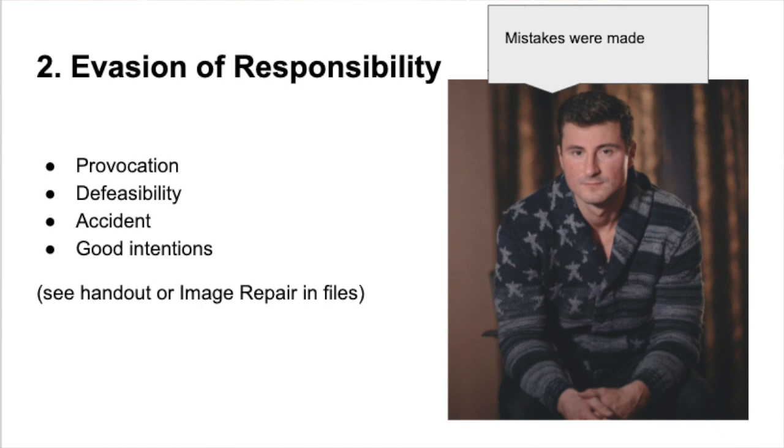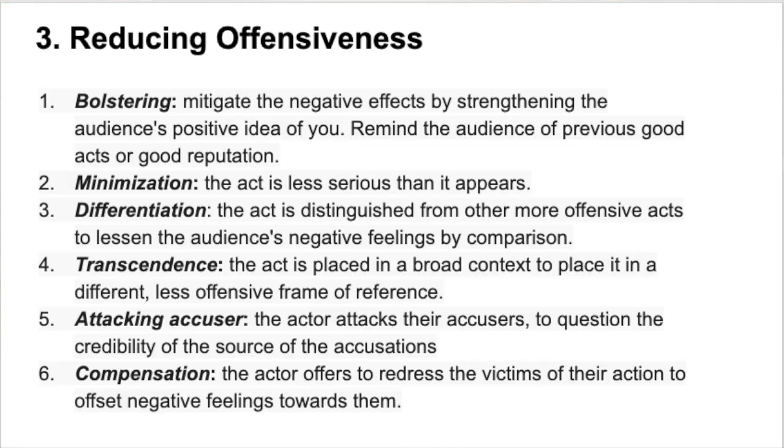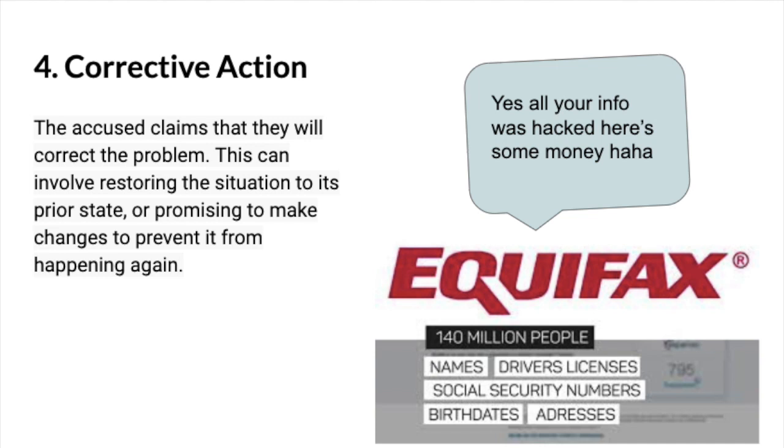Reducing offensiveness has a lot of different things. Like you can minimize the act, you can transcend it, you can attack the accuser. This is something that Trump does a lot. You can offer compensation. That's something that corporations do a lot.